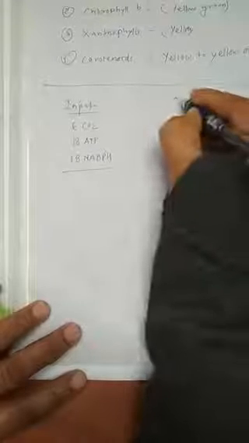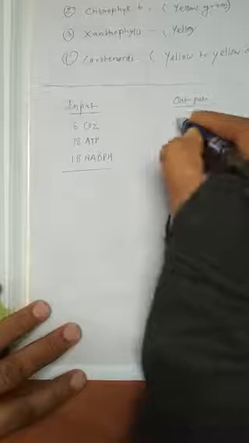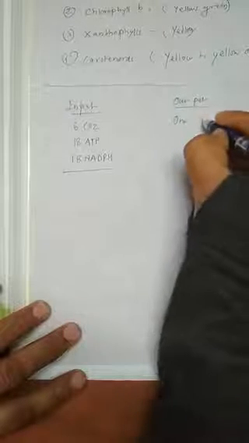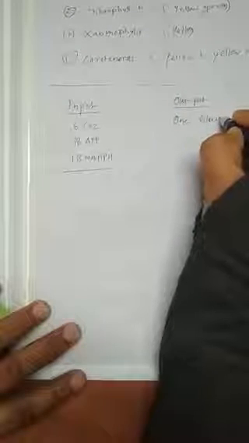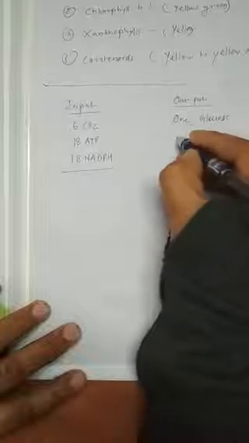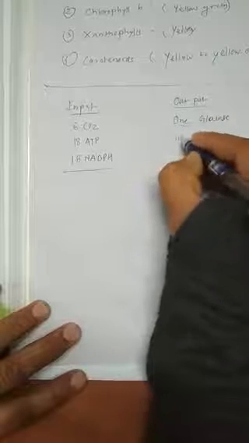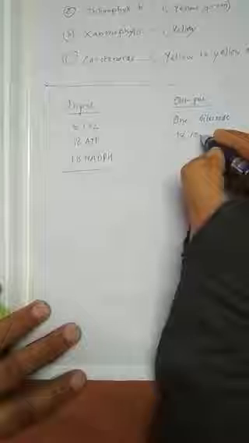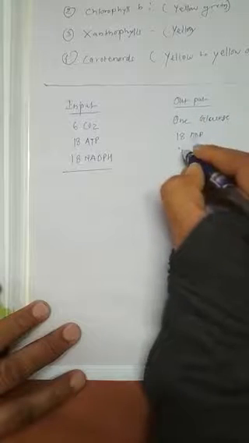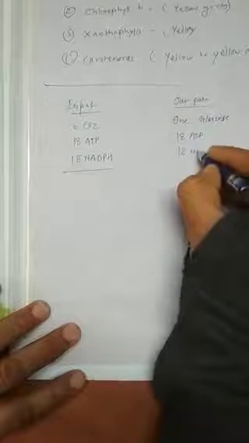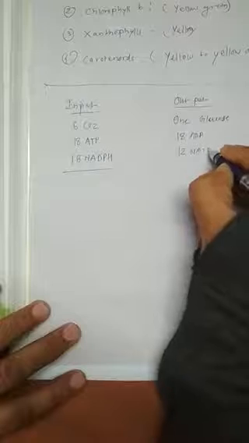And what is the output? 1 glucose, 18 ADP and 12 NADP. Okay.